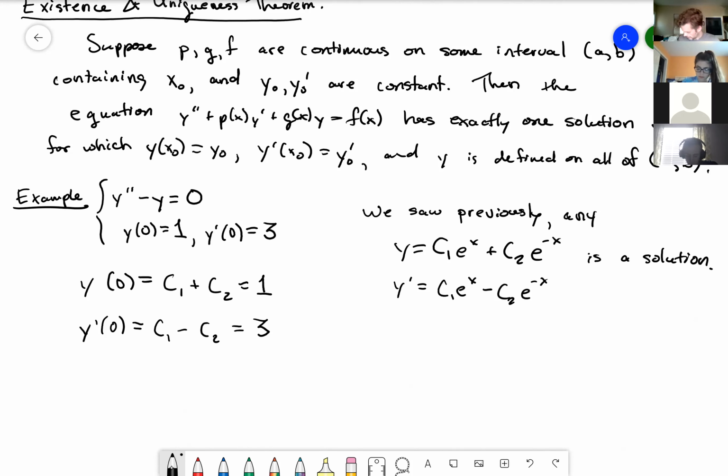Okay. Now we notice something. What we end up with at this point in our problem is a system of linear equations.